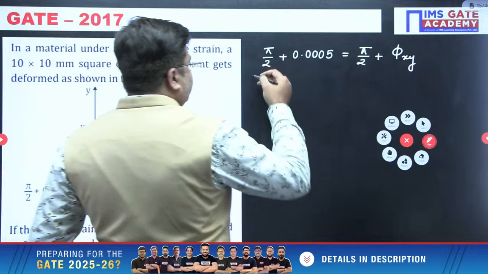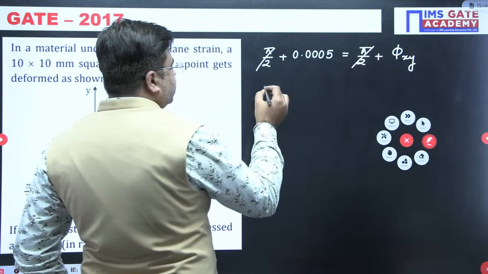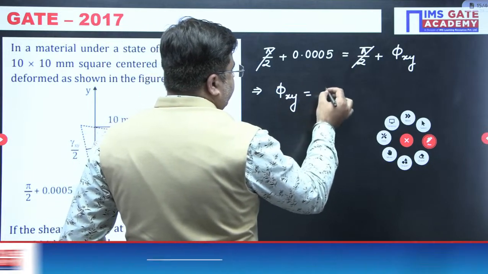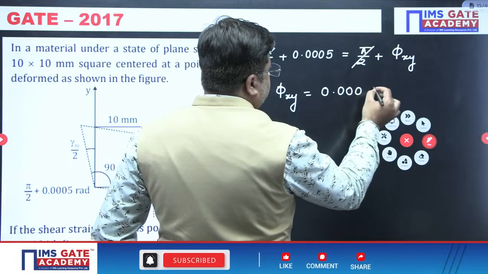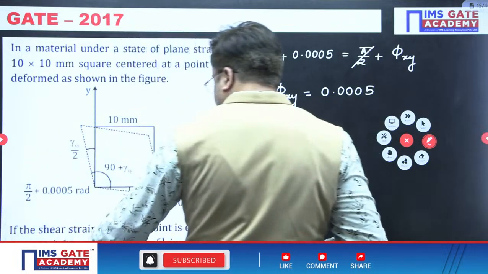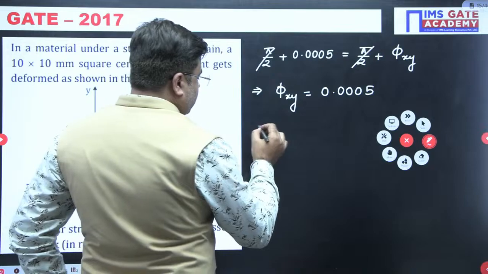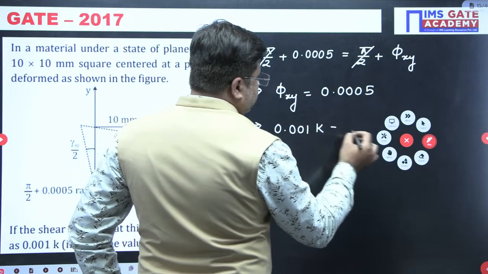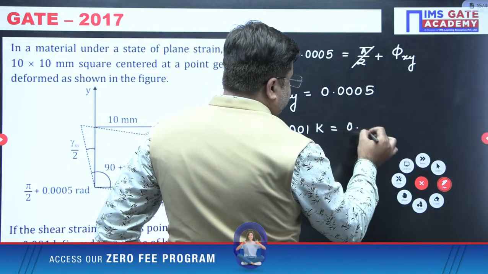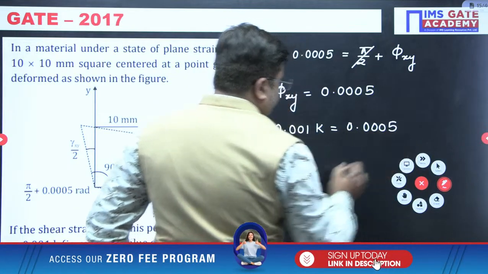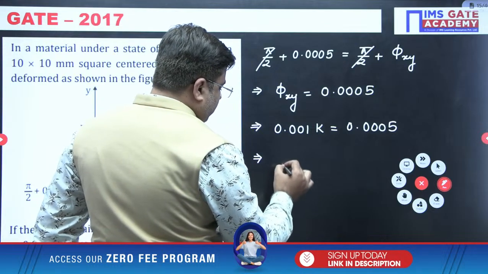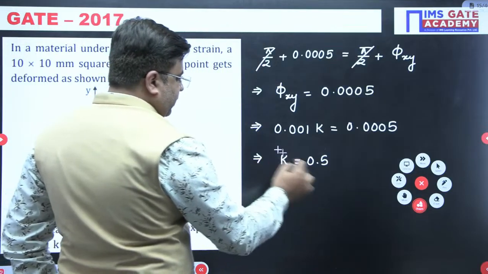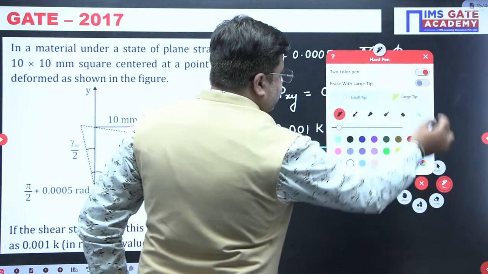So the pi by 2 and pi by 2 will cancel out. Substituting, phi xy is equal to 0.0005, and phi xy is given as 0.001 K, so 0.001 K equals 0.0005. From here the value of K will come out as 0.5, right? So like this you need to solve this question.